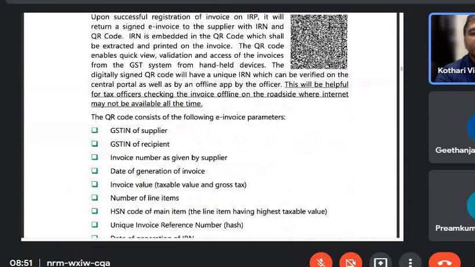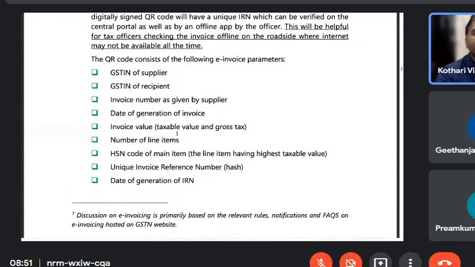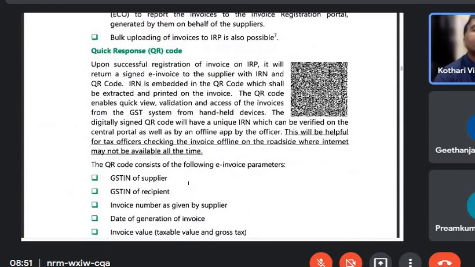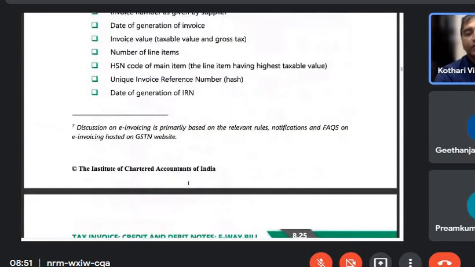You will get the following details: the GSTN of the supplier, GSTN of the recipient, invoice number given by the supplier, date of generation of the invoice, invoice value, number of line items, HSN code of the main item, unique invoice reference number, and the date of generation of the hash. So if you scan this using your mobile phone, you will get the details of the QR code and what is in the invoice details.